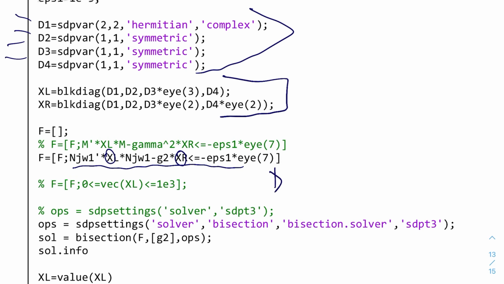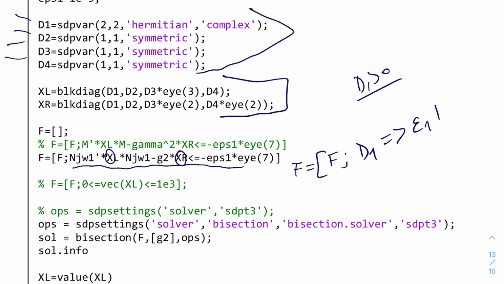And again, we forgot to state that D1 is positive, or rather I should say, I should have written D1 greater than epsilon 1 times identity, since I cannot say strictly greater than 0.